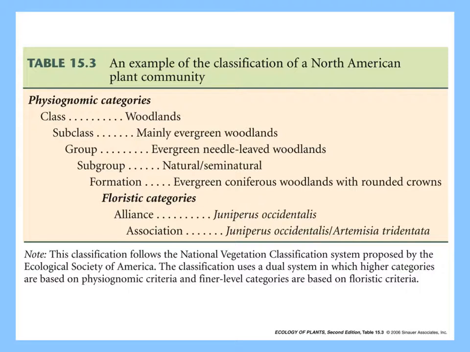So woodlands are something that looks like a place full of trees, and then further classified into, in this case, a woodland dominated by evergreens or gymnosperms. Evergreen coniferous forest woodlands with rounded crowns is the formation, and the main association, Juniperus, the juniper, and Artemisia, a shrubby aromatic bush.